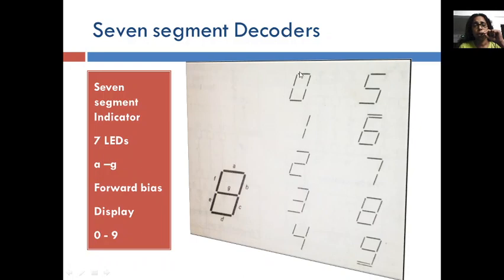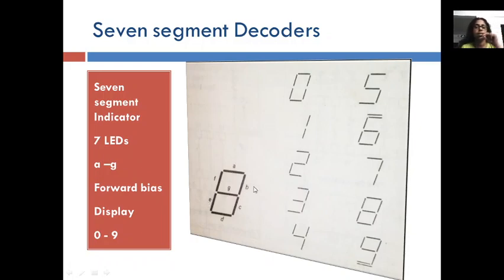When it is displaying 0, the LED G is in reverse bias, and all the others will be in forward bias. I hope you understood. Only during forward biasing do the LEDs emit light. So to display 0, G will be in reverse bias, all the others forward biased. And to display 5, the LEDs A, F, G, C and D will be in forward bias, and the others like E, B are in reverse bias.